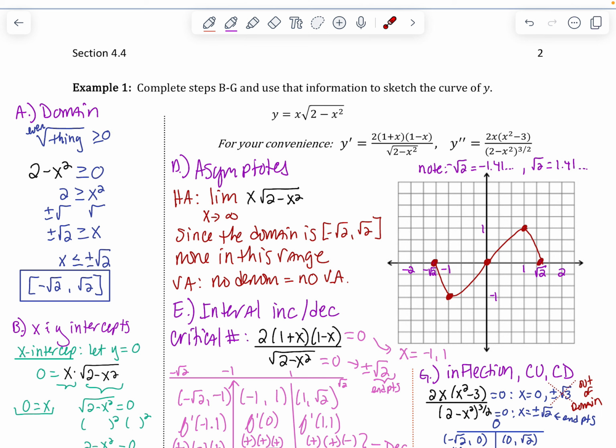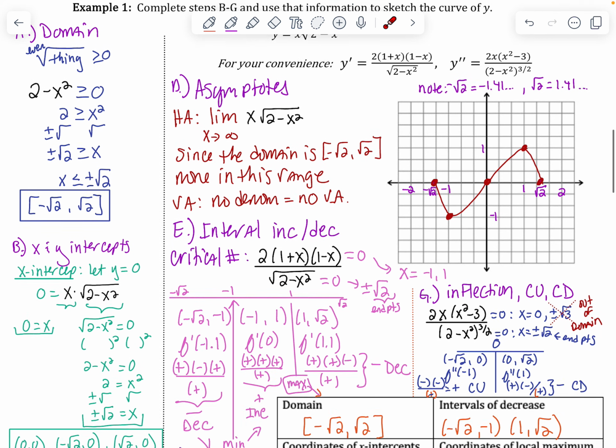So setting it, basically thinking of it as equal to 0, adding the x squared to the right side, taking plus or minus the square root of both sides, I get that x has to be less than or equal to positive and negative square root of 2, which means x is sandwiched in between those, and my domain is only from negative square root of 2 to positive square root of 2.